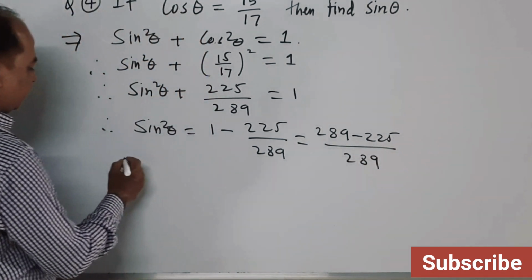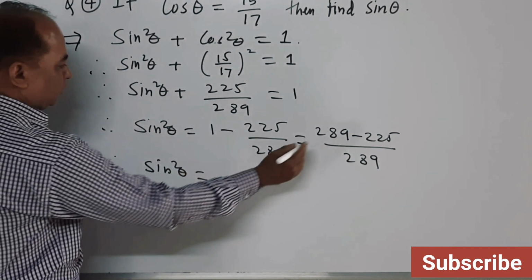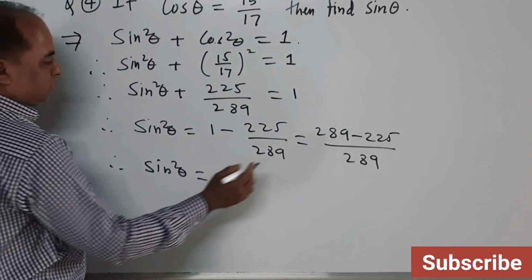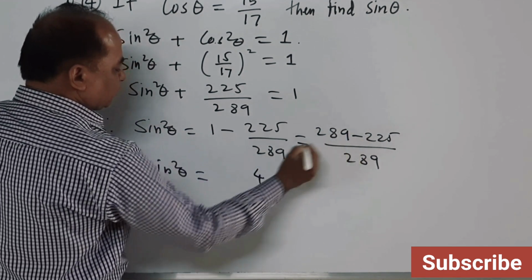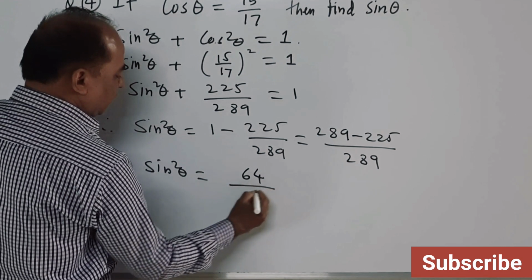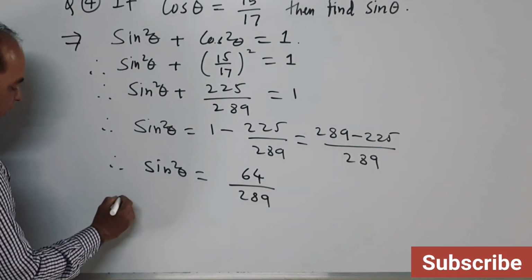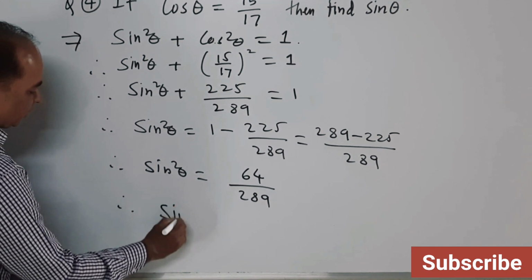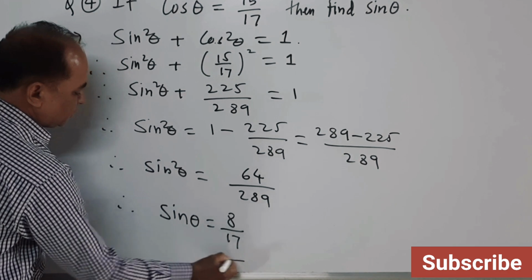Therefore sin square theta is equal to 289 minus 225 is 64 upon 289. Taking square root of both the sides, we get sin theta is equal to 8 upon 17.